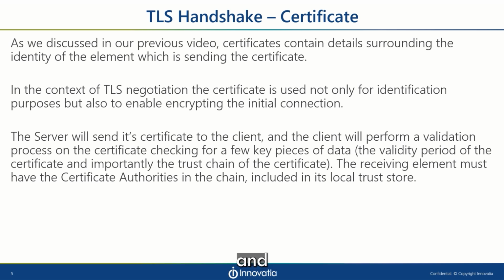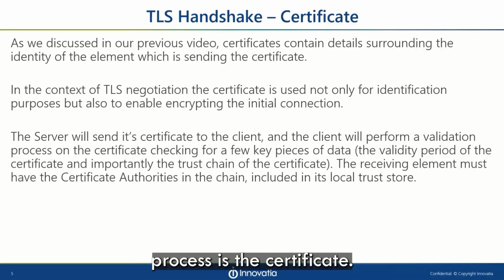Part of that validation process is that the client will check the certificate authorities within the chain of trust and ensure that those certificate authorities are added into the client's local trust store. This is an absolutely key part of the TLS negotiation and handshake process. If for some reason the client is unable to validate the certificate, perhaps because there's a missing certificate authority in the trust store, or perhaps because the certificate is not valid, in that case the entire handshake will fail and the secure connection will not be established.